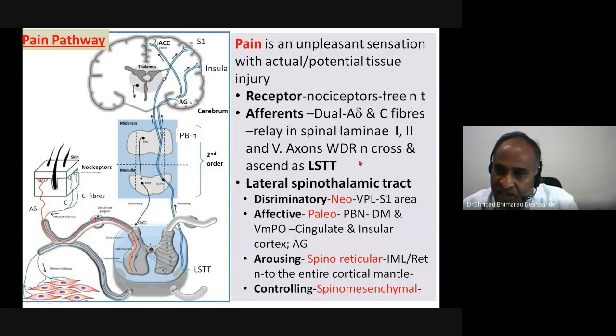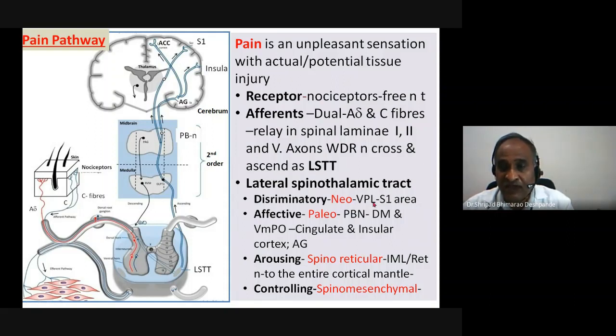There are at least 4 different pathways associated with the lateral spinothalamic tract. The first one is the neospinothalamic tract, which carries the discriminatory sensations, the attributes, relayed to the specific nucleus of the thalamus, the ventroposterolateral nucleus, where it joins the medial lemniscal sensory relays, that is, fine touch.